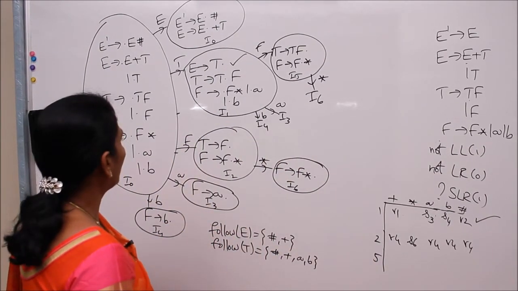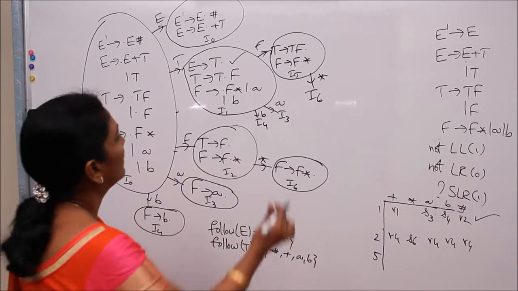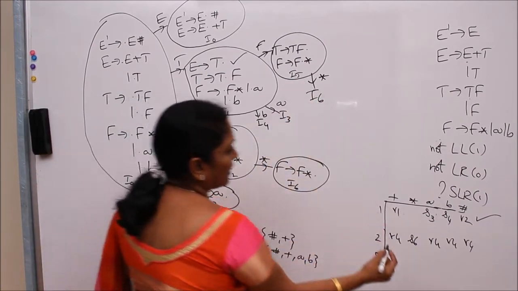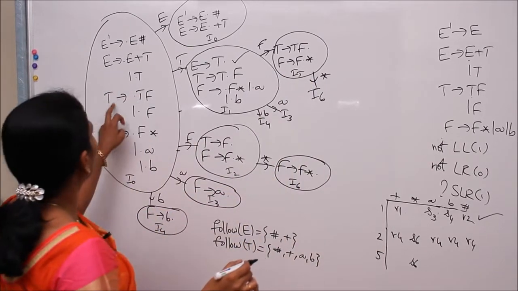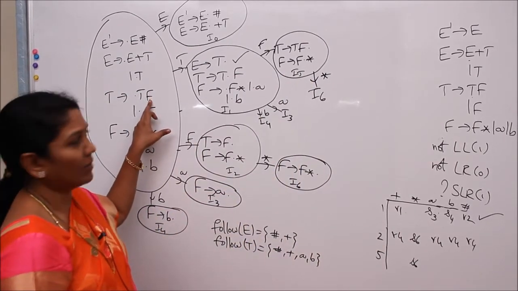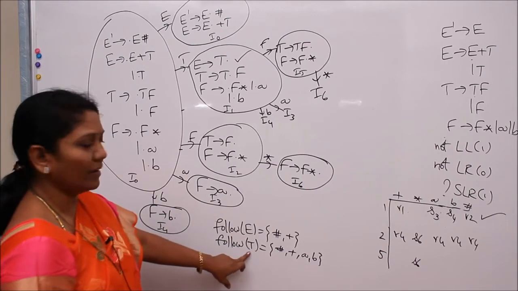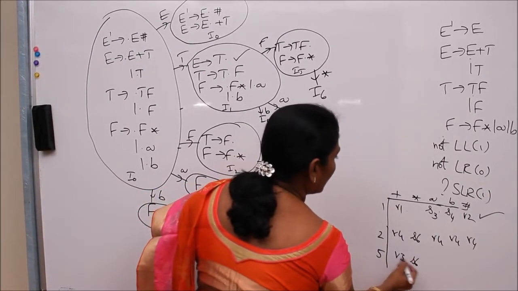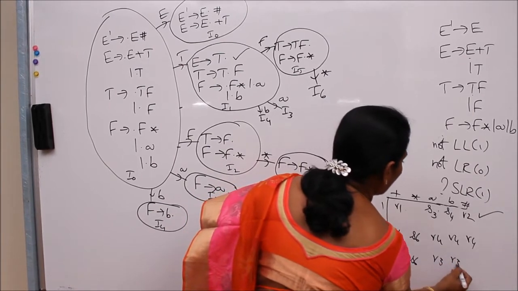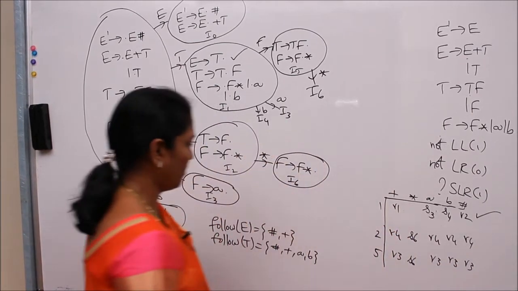So in the state 5, what do we get? On star it is S6, T2 TF is R3. Where do we put R3? Under follow of T. What is follow of T? R3, R3, R3, R3 under A, B, hash and plus.